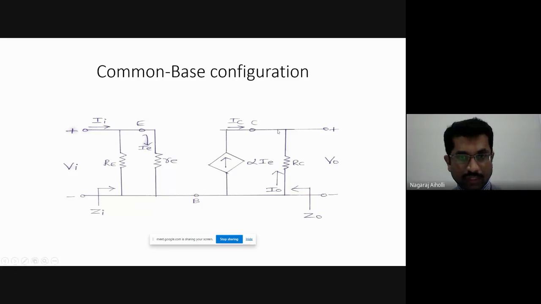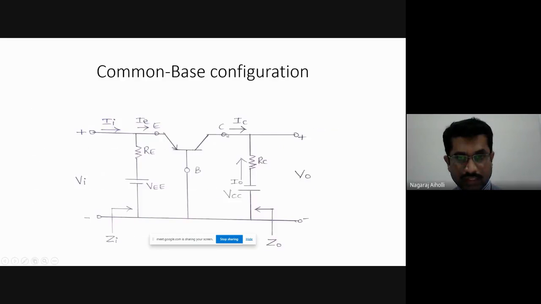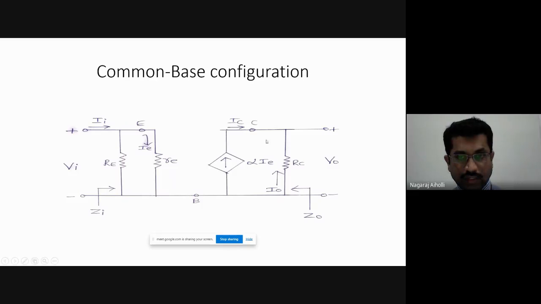So here IC is equal to alpha IE. IC is moving out from the collector terminal, so here also it is alpha into IE.